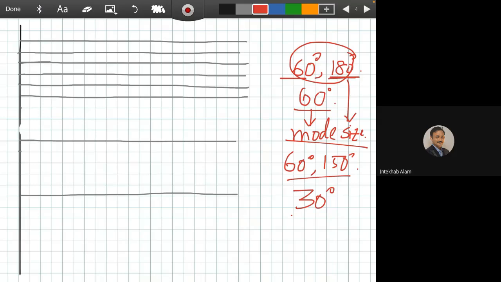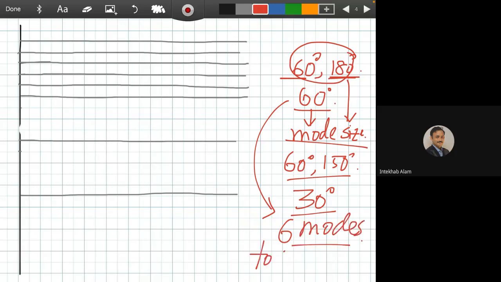So we need 6 modes to complete the cycle. 360 degree is a complete cycle. Each mode is 60 degree, so 6 modes are required to complete the cycle.